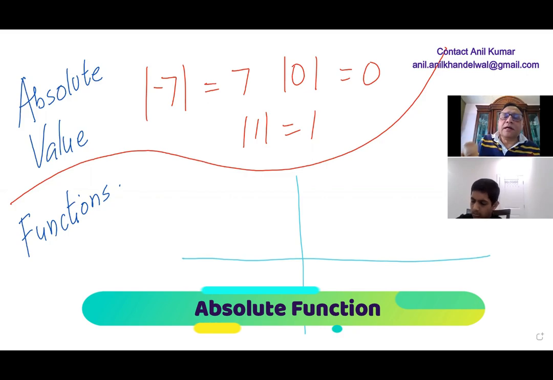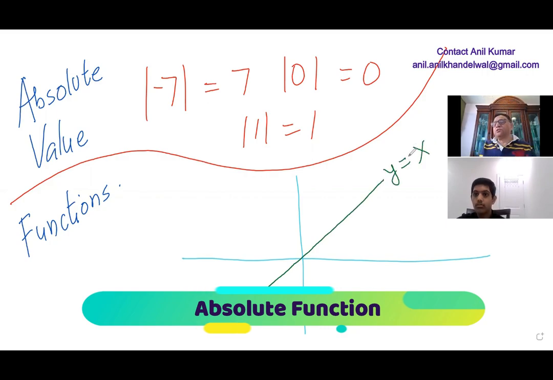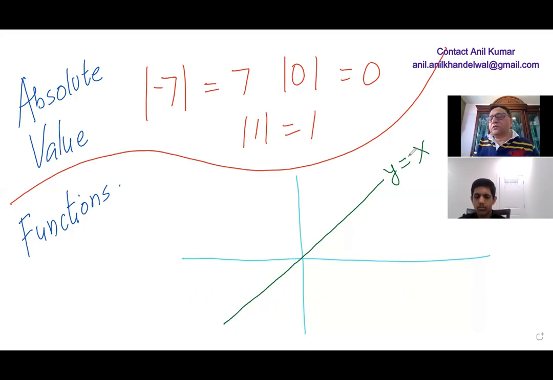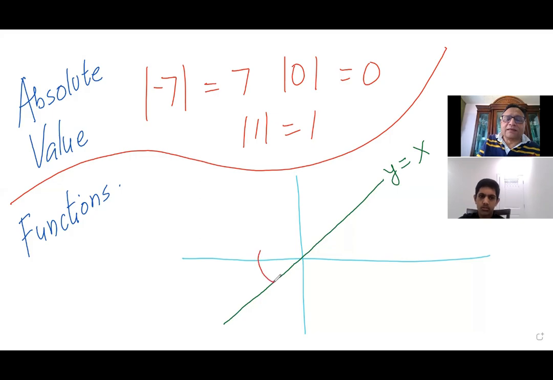So if I consider a line y equals x, let's say this is my line, in y equals x also, the value of y is same as x, correct? That is what the line is. Absolute function is very similar to this, except that when x becomes negative, the y value becomes positive, and this line gets reflected. You see that idea? So it gets reflected, and what you get is absolute value.